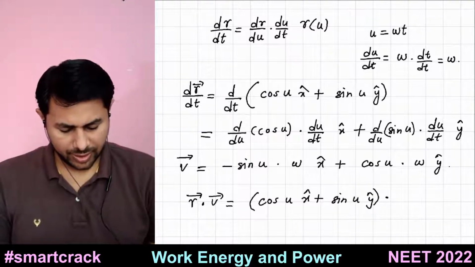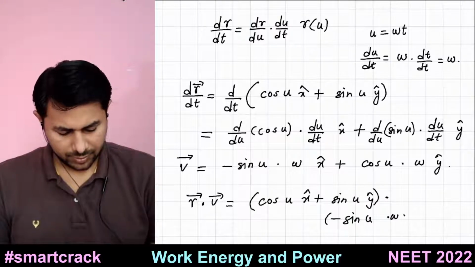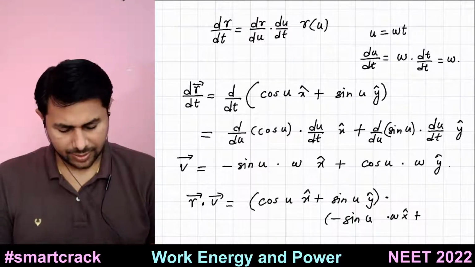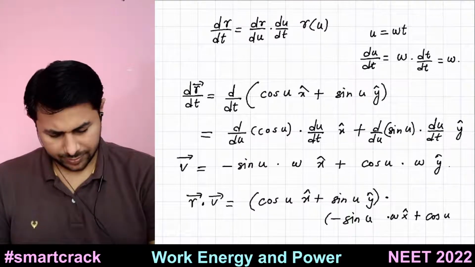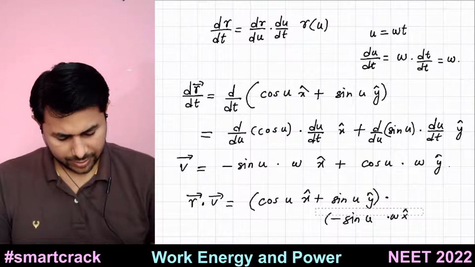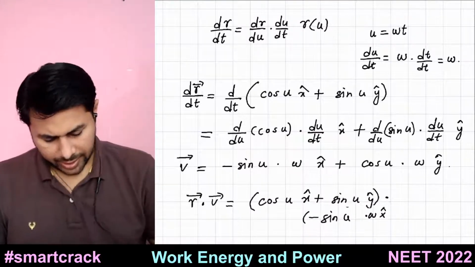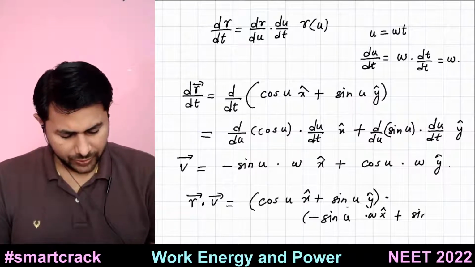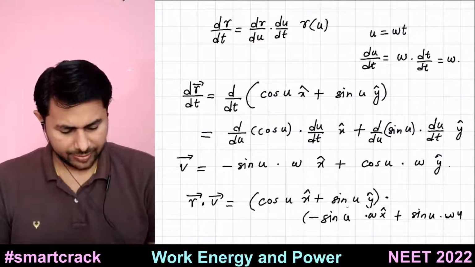You take its dot product with minus sine u into omega times x cap plus cos u into omega times y cap.